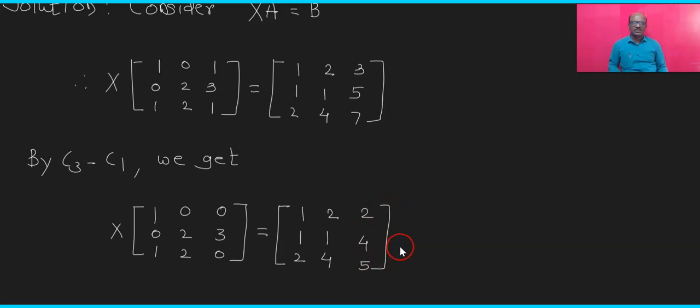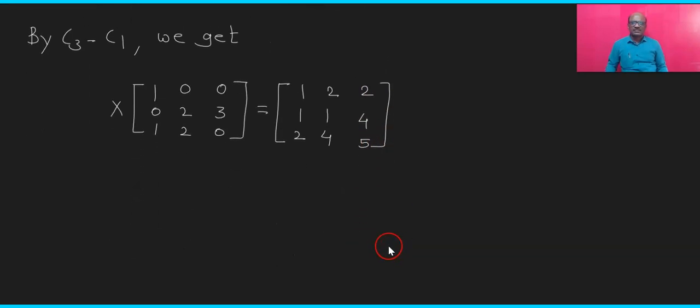This is the first operation. Next, make this element a 1 by 1 upon 2 C2.